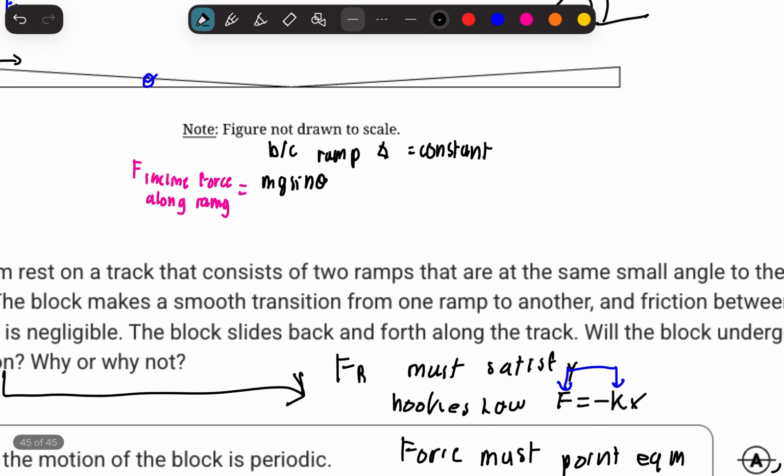So because that angle is constant, your force is going to be constant, because your force is dependent on mass times gravity, and gravity is constant, your mass is the same, and your angle is the same as well. So sine of theta is going to output the same number every single time. So it's going to be a constant force.